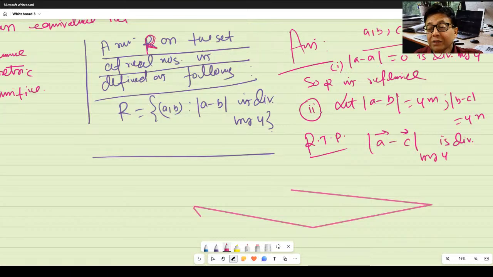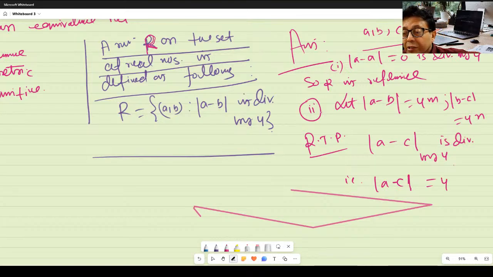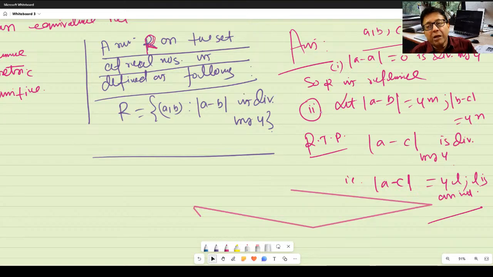Not vector, just mod A minus C. That is required to prove: mod A minus C is equal to 4 times L, where L is an integer. Okay? But how will you prove this?